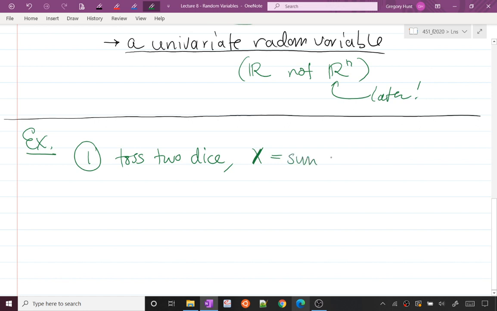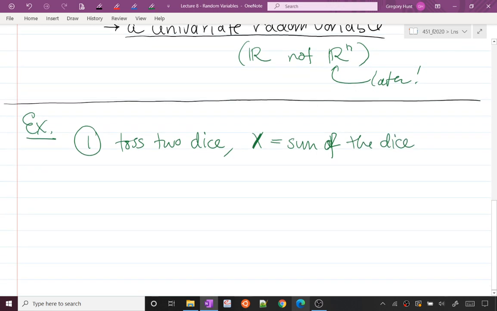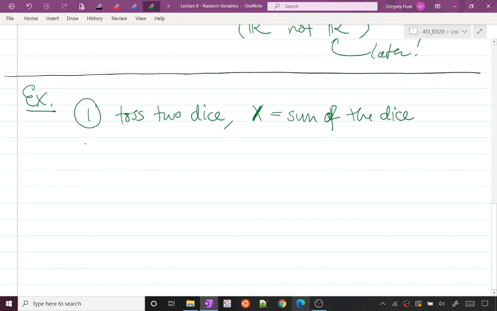Maybe x is the sum of the dice, for example. That's a number that summarizes the outcome. You can imagine a function from the sample space of possible outcomes to the sums of those 2 dice.